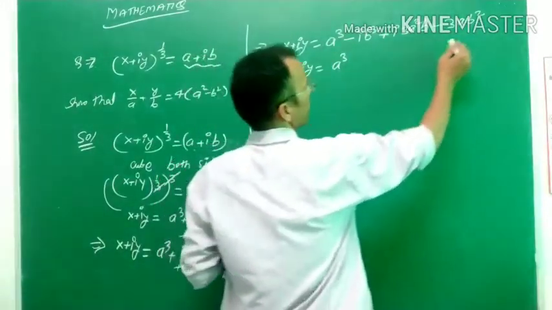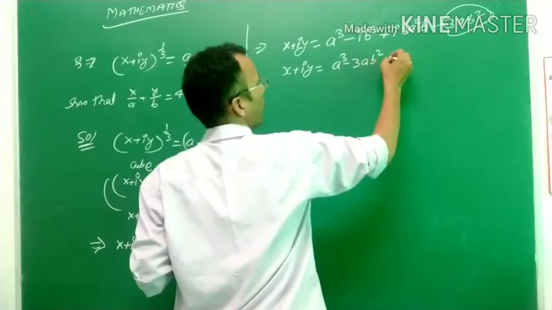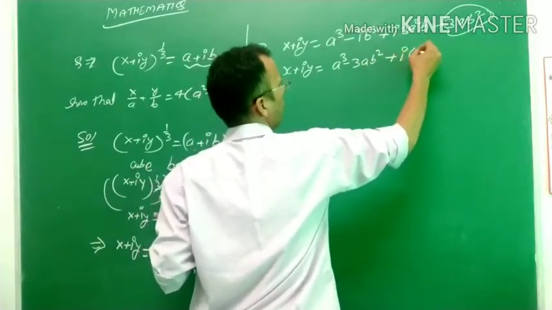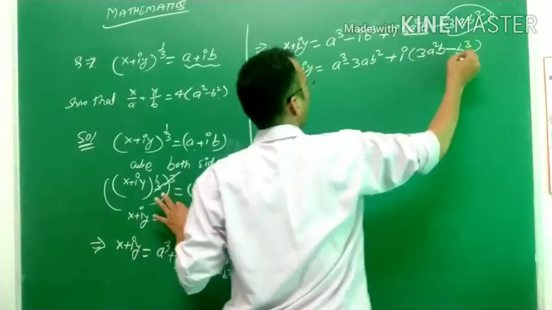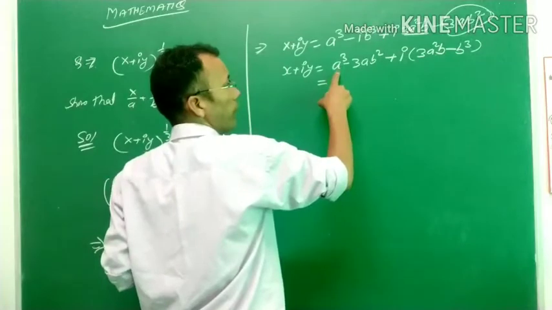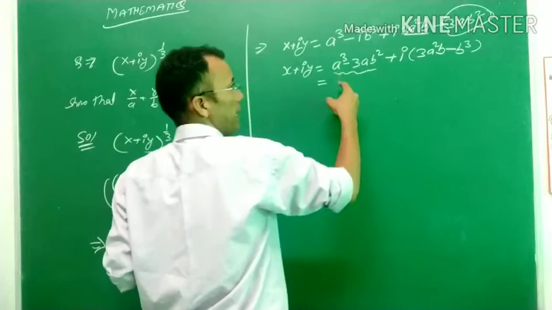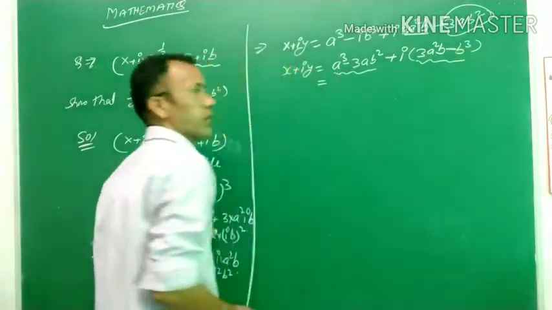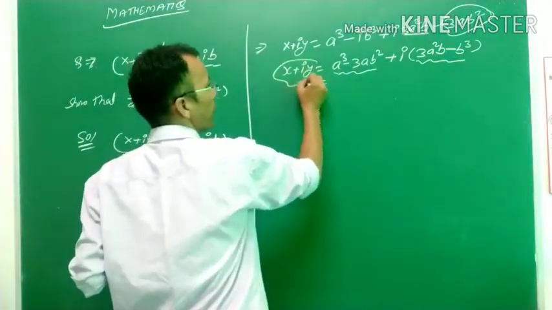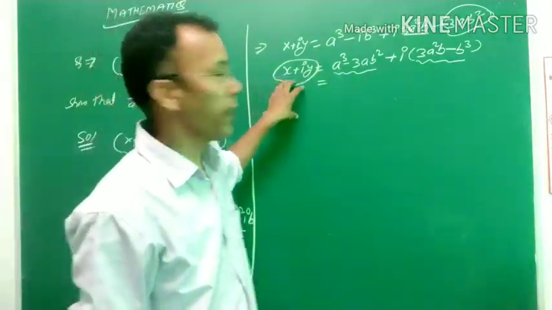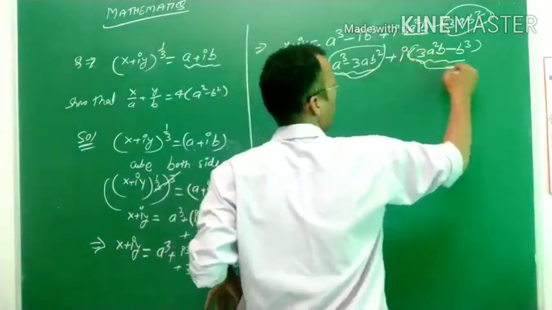So the real part is a cube minus 3ab square, and plus iota is common, so 3a square b minus b cube. Here a is common in the real part, and in the imaginary part b is common. Now this is x plus iota y, and here this is a plus iota b.